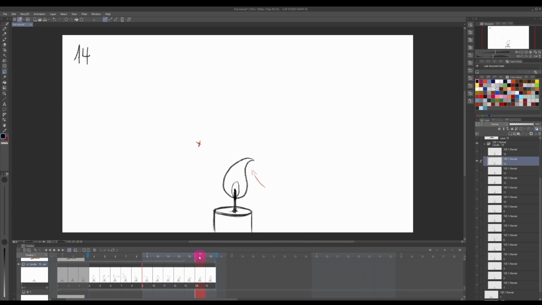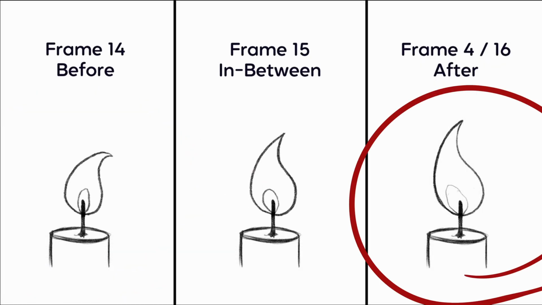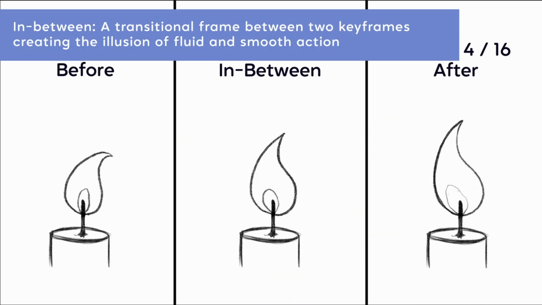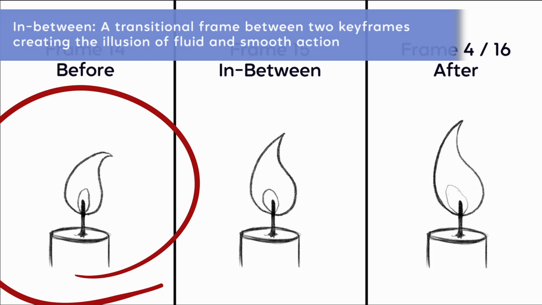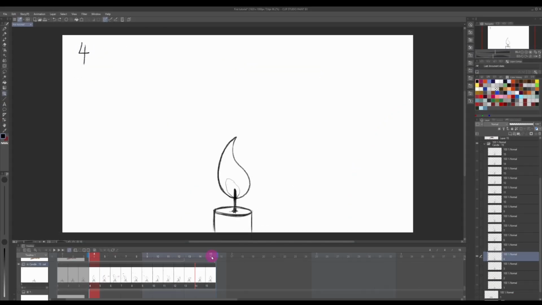I needed to bridge this frame, 14, with the first frame. And so you need to create an in-between. An in-between is essentially something halfway between this and this, something that connects them so that it doesn't feel like it's jumping too much. So this tip has to become a bit straighter. The whole candle is a little bit larger here.